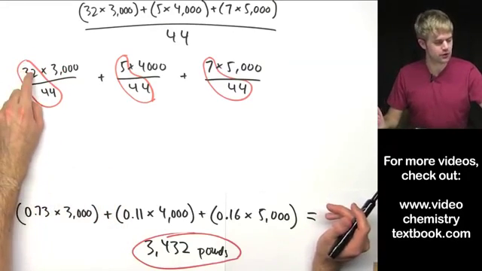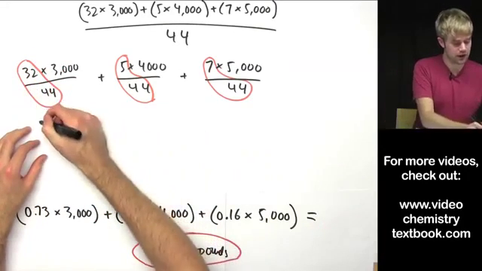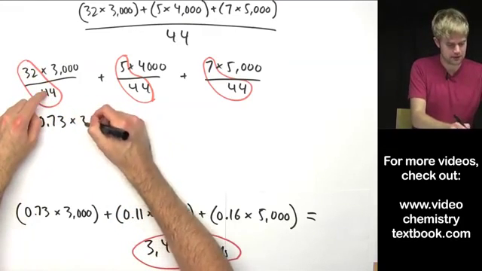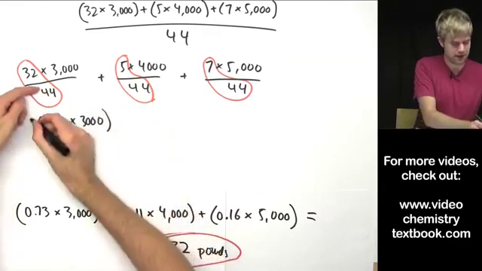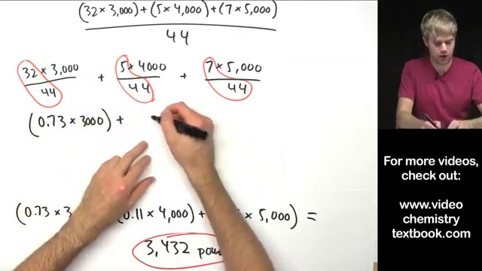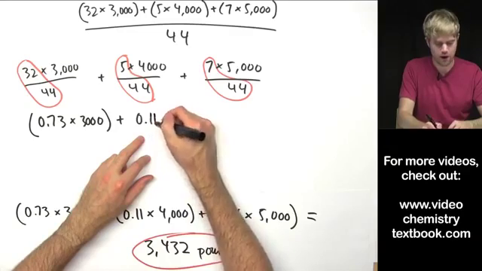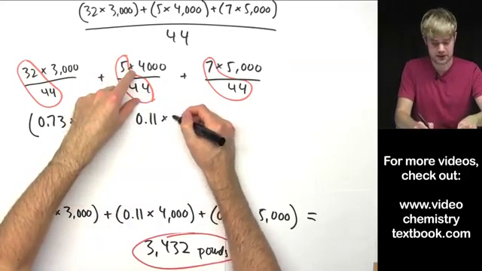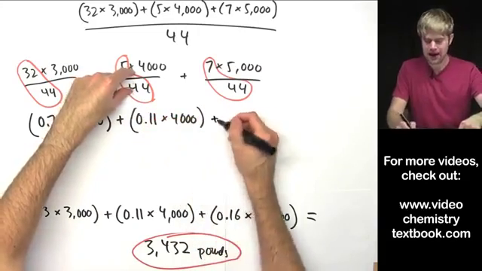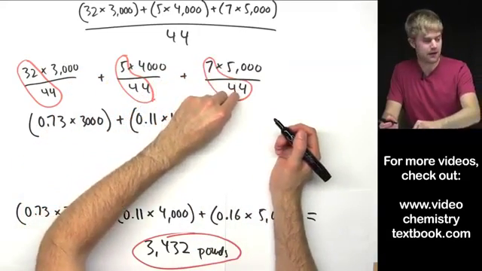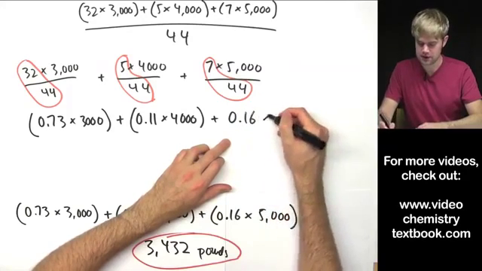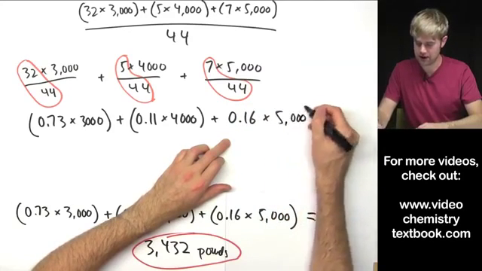So 32 divided by 44 gives me 0.73. That's this part, times 3,000. I can put that in parentheses. Now I can do 5 divided by 44, and that gives me 0.11. And I'm going to multiply this now times 4,000. Put that in parentheses. And finally, 7 divided by 44 gives me 0.16 times 5,000.